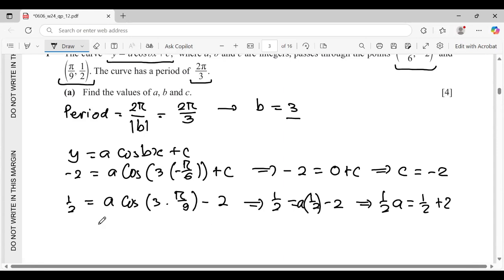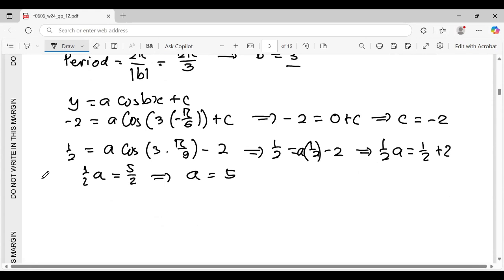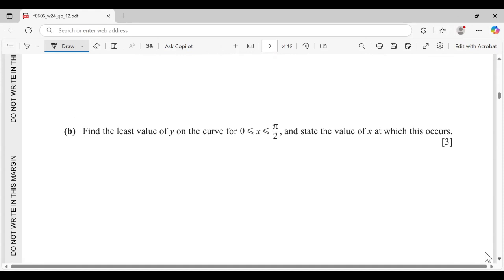So a equals 5/2 times 2, so a equals 5. So it means a equals 5, b equals 3, and c equals minus 2. Let's continue to the next question.